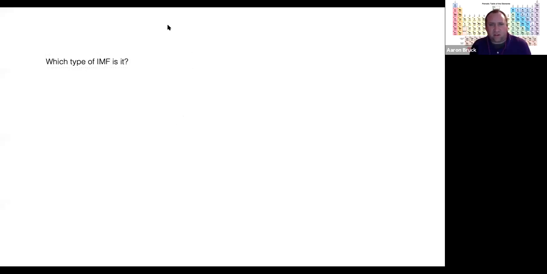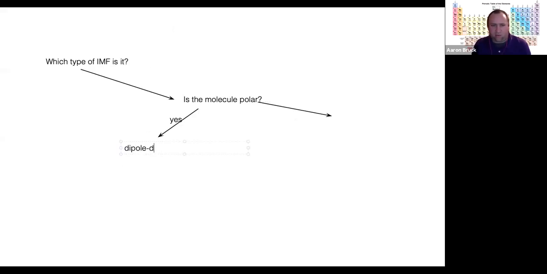Following this through, the real question that we need to ask is: is the molecule polar? If the answer to that question is yes, then we're dealing with dipole forces at minimum. And if it's not, then we're dealing with London forces instead.